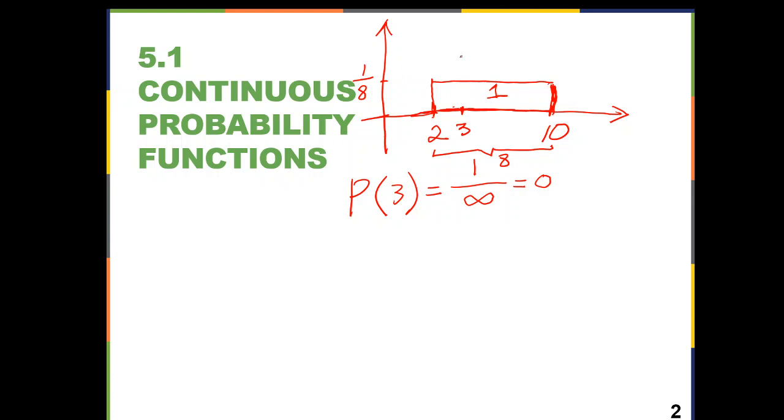So in this case, what we can do is this. Let's say you're trying to hit this rectangle, right? Now the probability that you hit somewhere in the rectangle is 1. Let's say this rectangle is right in front of you.